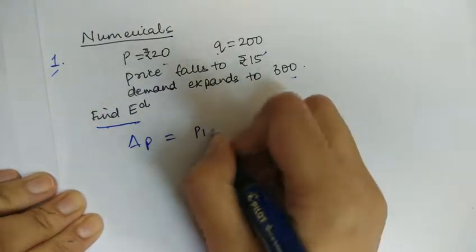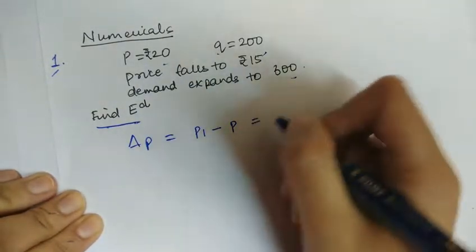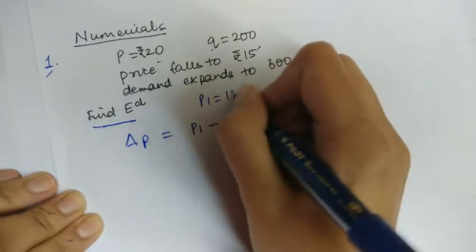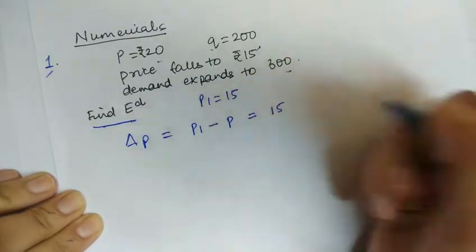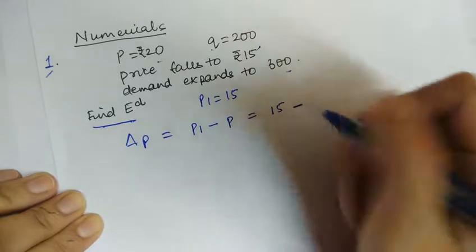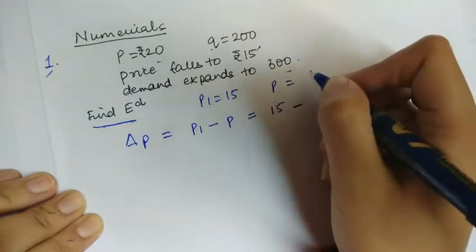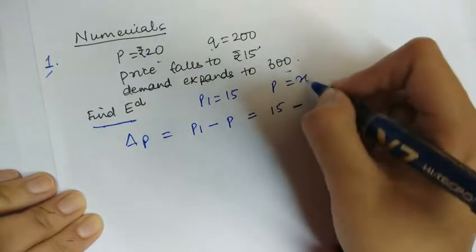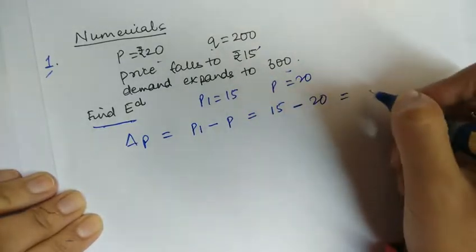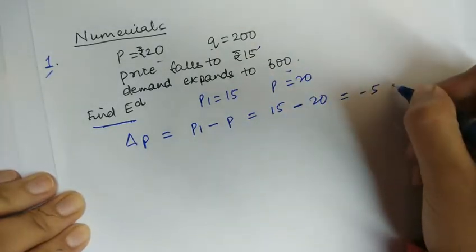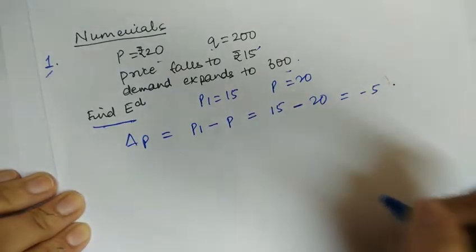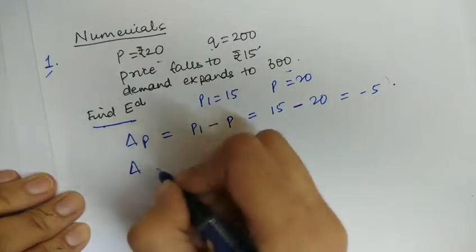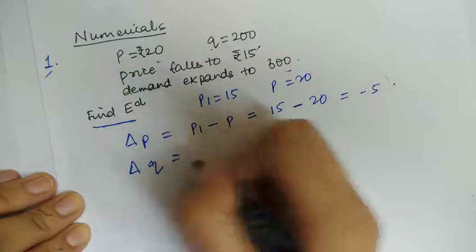Change in price is P1 minus P. The new price here is 15, so you write it as 15 minus the old price P, which is 20. So it's 5. We'll ignore the minus sign when we start calculating the elasticity of demand.